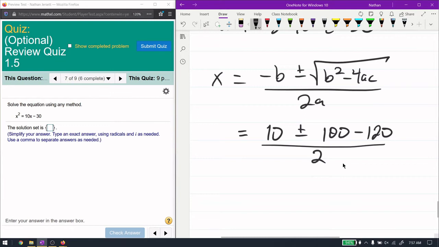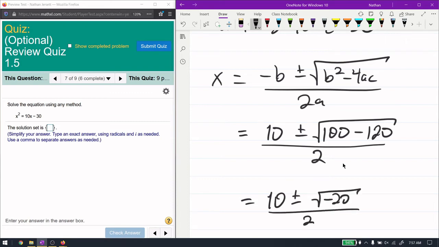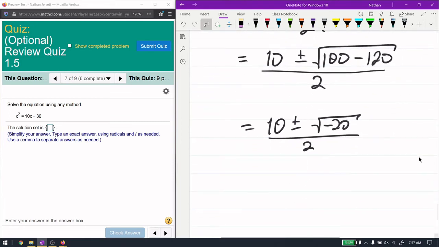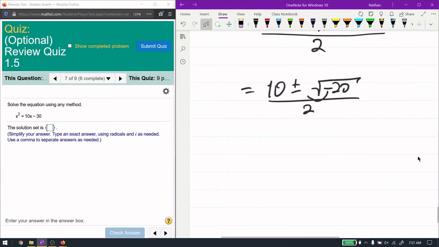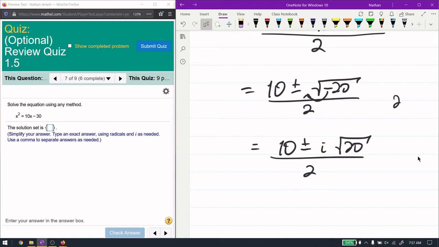Okay, oh, I forgot the square root. Okay, now we have 10 plus or minus the square root of negative 20. So I know right there that it's going to be complex solutions because the discriminant is negative. Take this out as an i. 10 plus or minus i root 20 over 2. 20 can be reduced down into 4 times 5, which is 2 times 2.